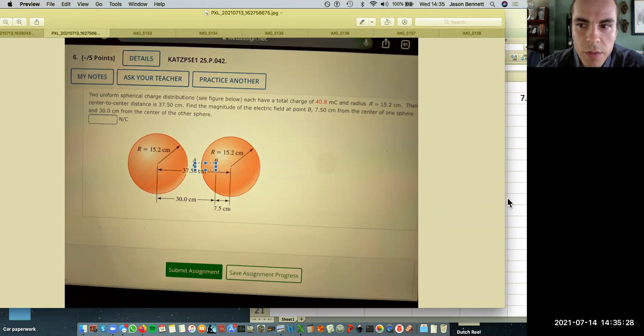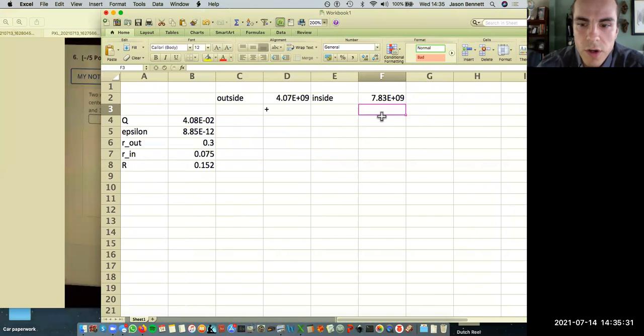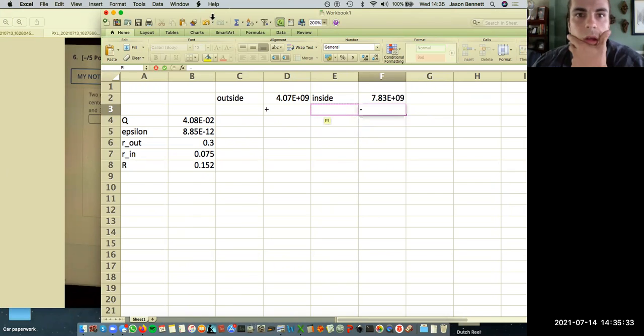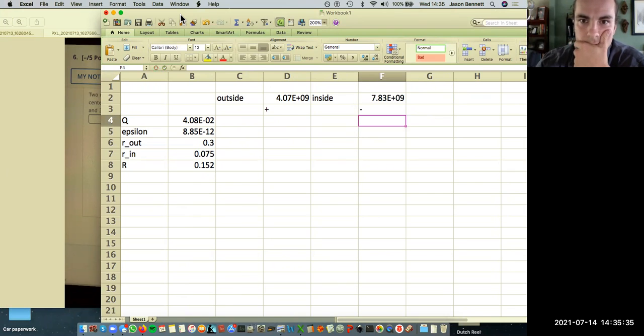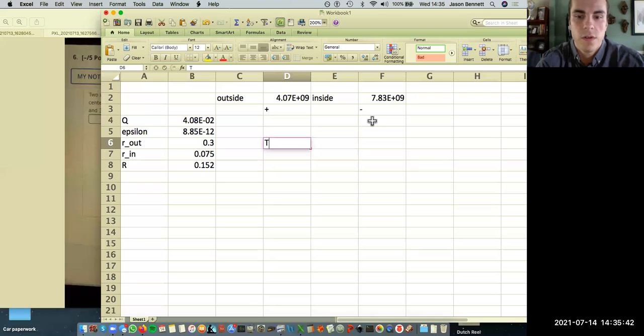So it should be that much to the left. Yes, so the total should be the sum of those two things, with that being negative.